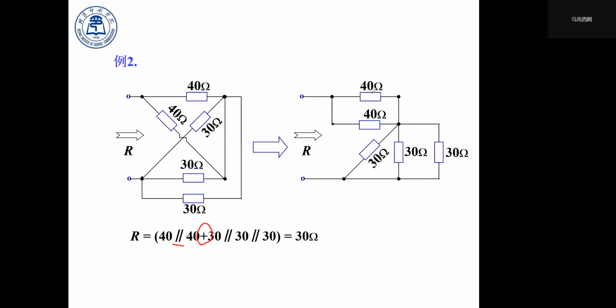So 40 parallel to 40, and those three 30s are in parallel with each other, and those two groups are in series connection. So we use this cross to represent series connection and the parallel symbol to represent parallel connection.